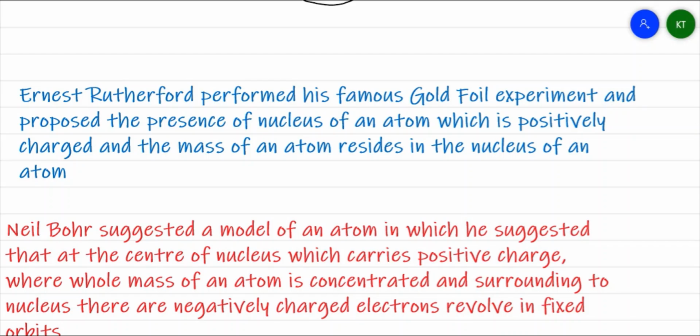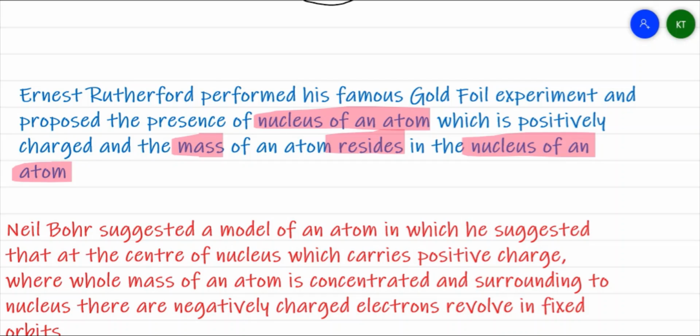So he predicted the presence of the nucleus of an atom, which is positively charged, and the mass of an atom is situated at the center, which he called the nucleus.